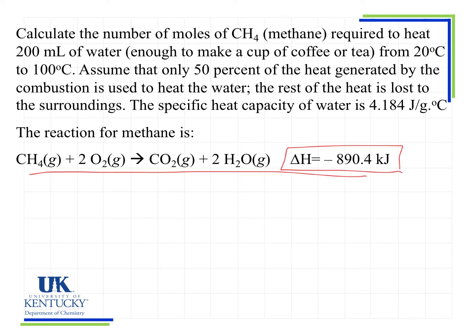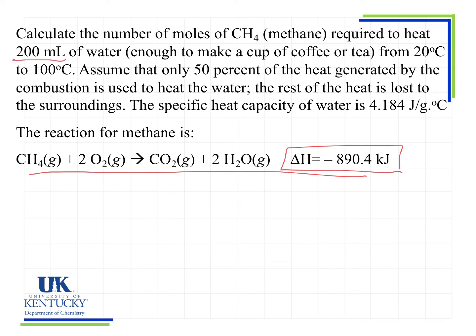We are burning the methane, and it asks us to find the amount of heat required, well, not the amount of heat. It's basically asking how many moles of methane it is required to increase the temperature of water.